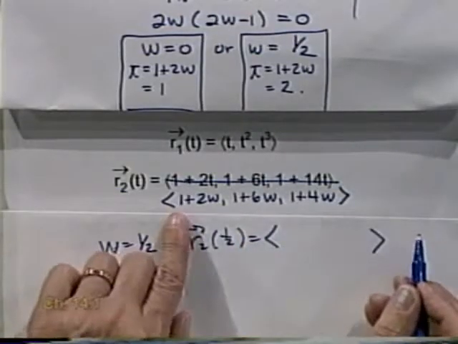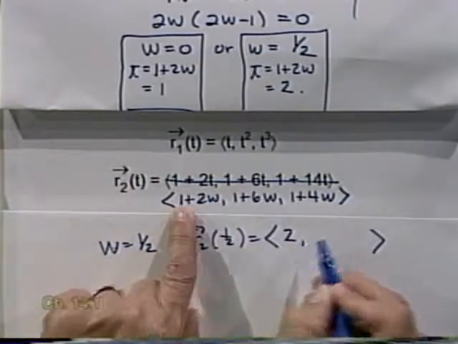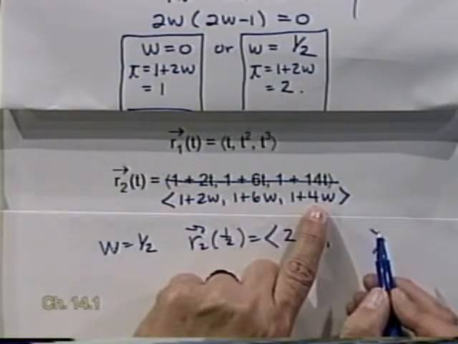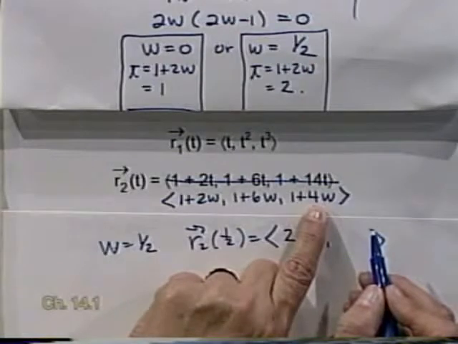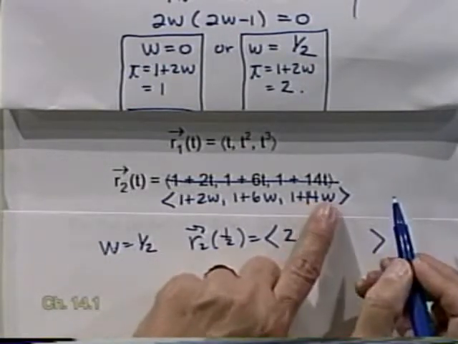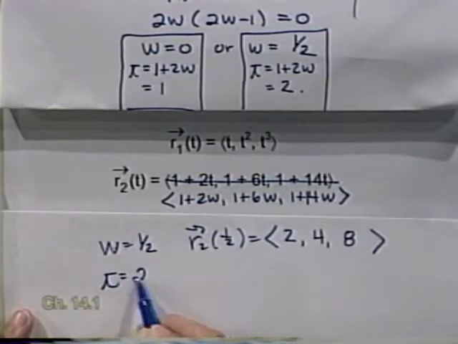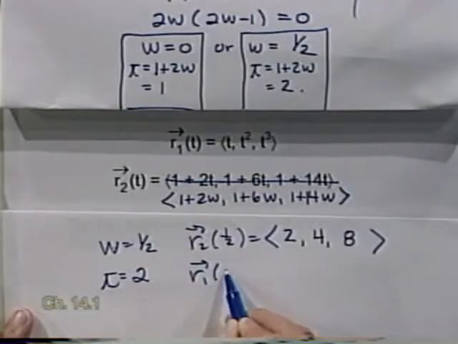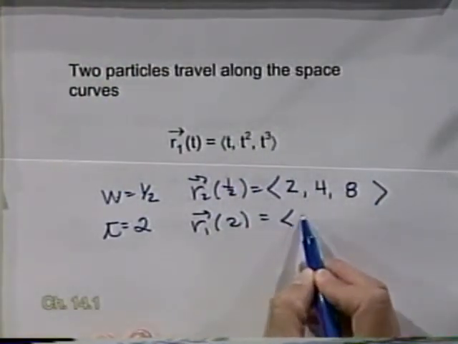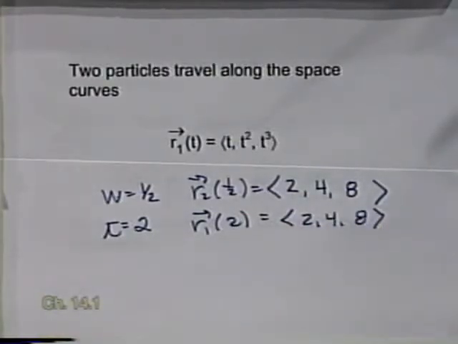Now let's see. 2 times 1/2 is 1. 1 plus 1 is 2. 6 times 1/2 is 3. 3 plus 1 is 4. 14 times 1/2 is 7. 7 plus 1 is 8. And when t was 2, where is R1 at 2? Well, it was t, t squared, t cubed, so it's 2, 4, 8. So my paths intersect at 2 points.